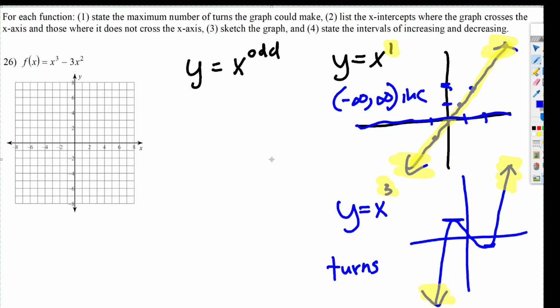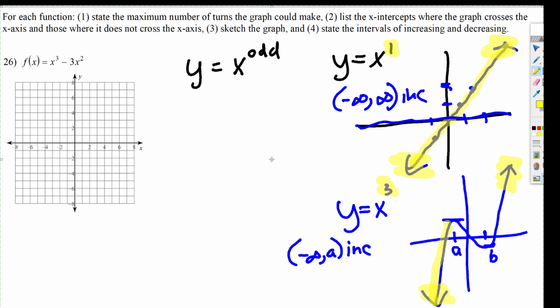But let's look at this one. From here to here, we'll call that point A. We'll call this point B. So for intervals of increasing, from negative infinity up to A, that graph is increasing.